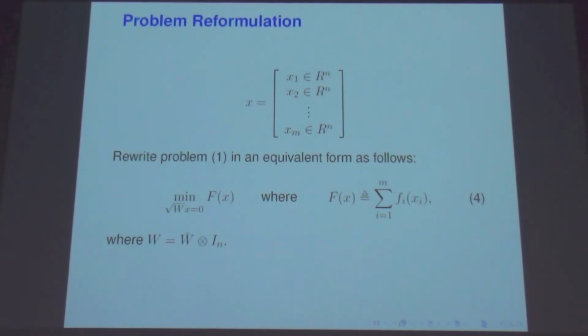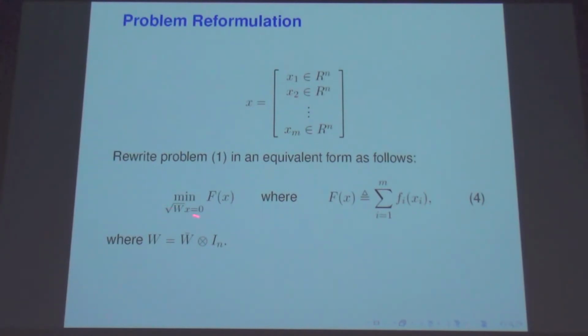And then we're going to call the function capital F the summation of the original functions. But now, this is important here, we're going to have not all the x's, but only one of the x's. So this is the x held by agent i. So this is the important case here. All these values are different ones, the local copies of the variable.